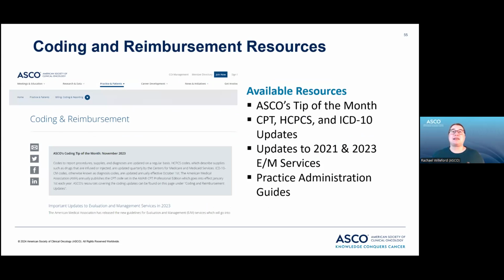Among the resources ASCO has made available, you can find these resources on the coding and reimbursement page. You can find ASCO's tip of the month. You can see timely updates for not only your CPT codes, your HCPCS codes, and your ICD-10 updates, but there are also guides for evaluation and management and practice administration guides for topics such as advanced care planning, care management, and then that coding and reporting for social determinants of health.